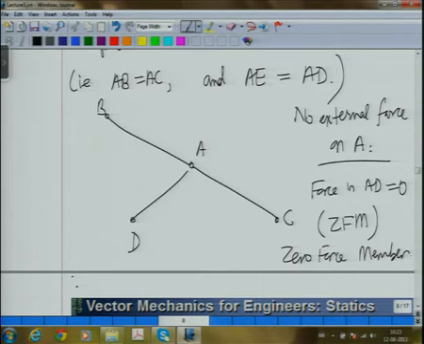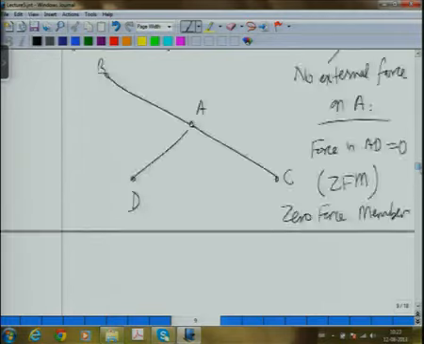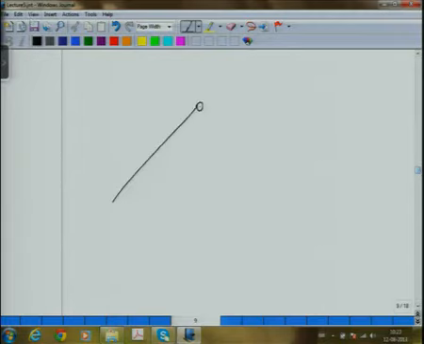Now another special case comes here. If we have two non-collinear members AB and AC and there is no external force on pin A, what can you say about force in AB and force in AC?